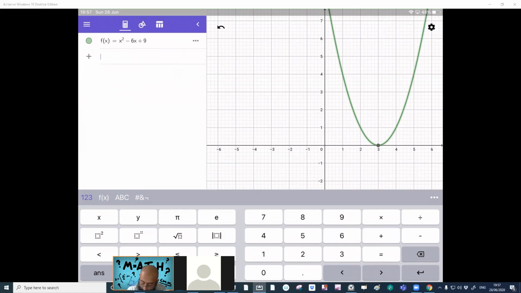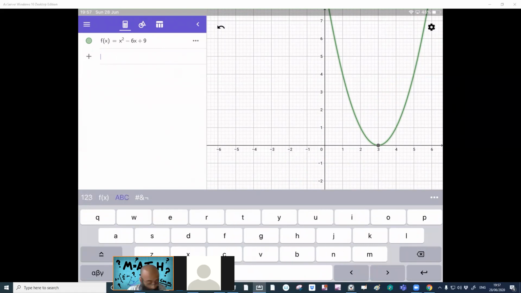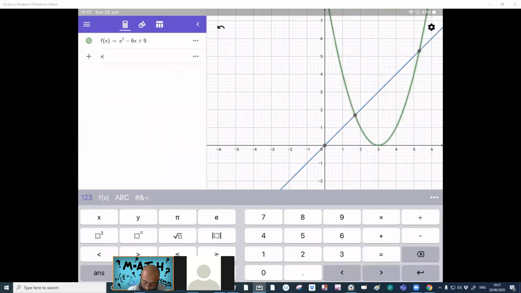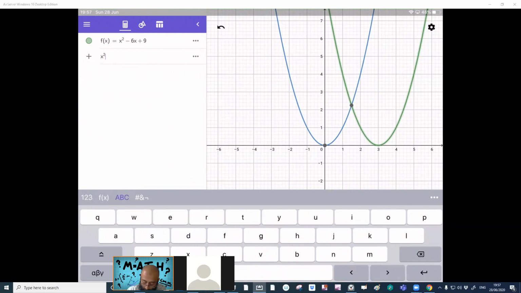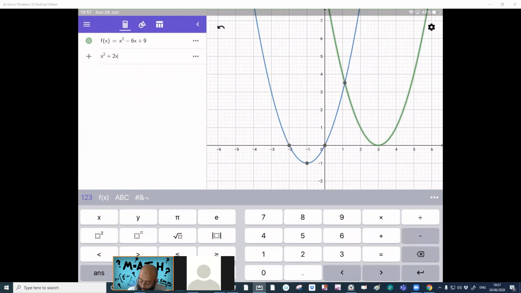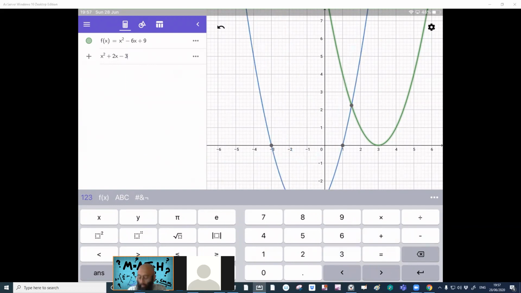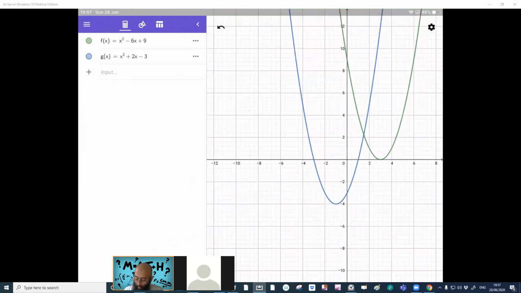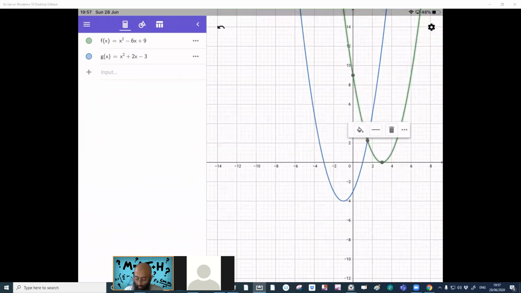Let me draw the one we just did as well. So we're going to do this one now. x squared, add 2x. So you guys carry on with yours, I'm just doing the one we just did. 2x minus 3. Okay, lovely.